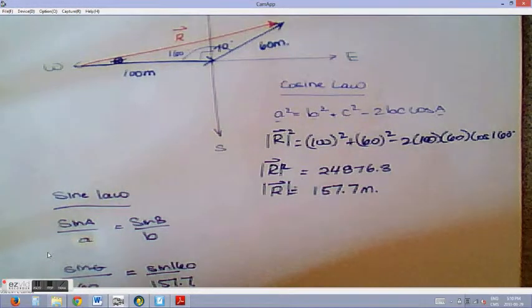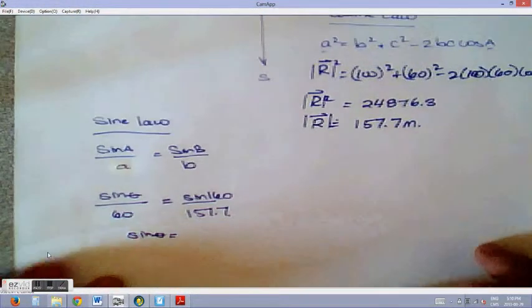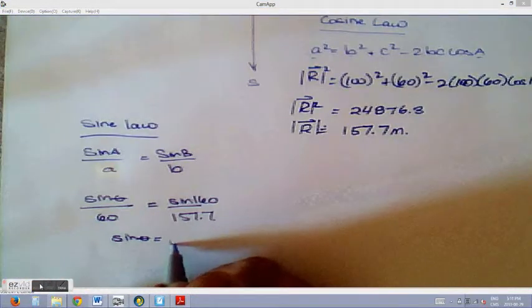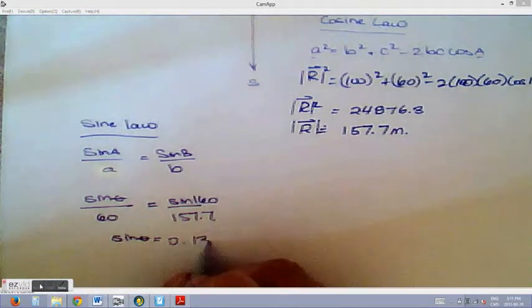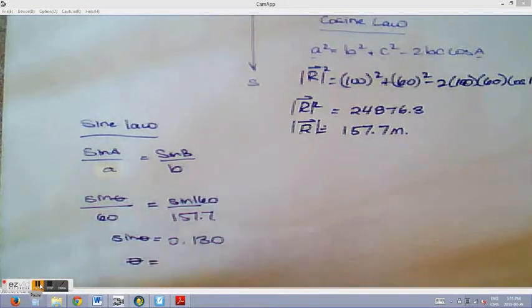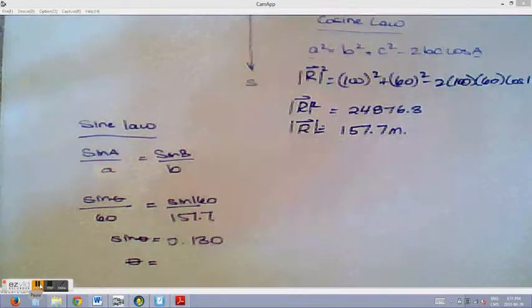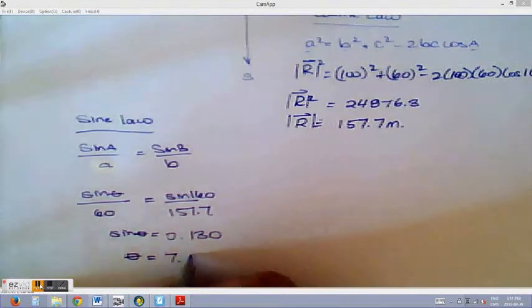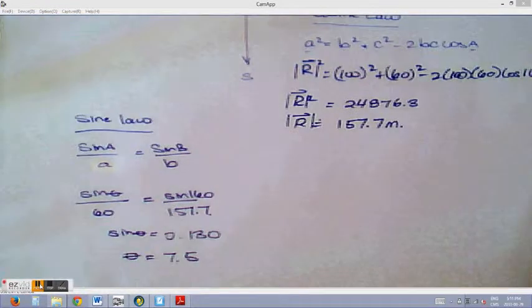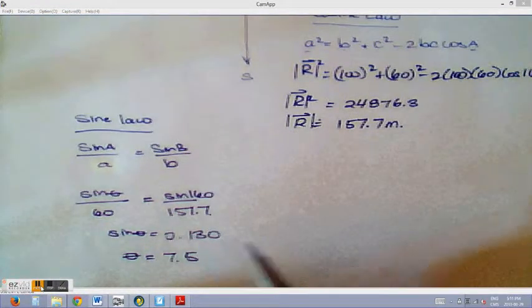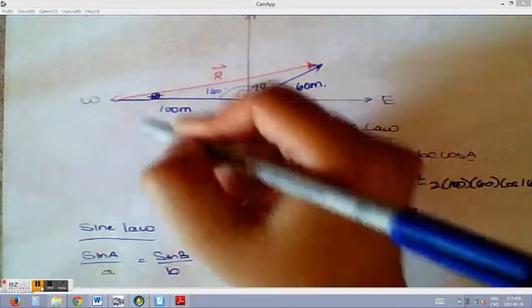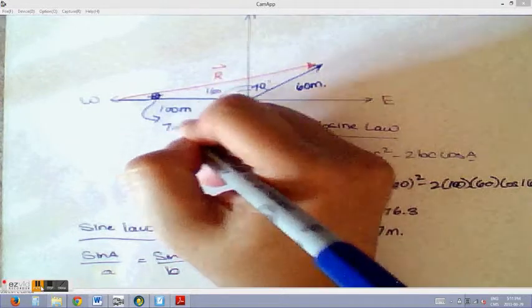So then sine theta is equal to 0.130, and then theta is equal to 7.5, and that, of course, is in degrees. So that angle there is 7.5 degrees.